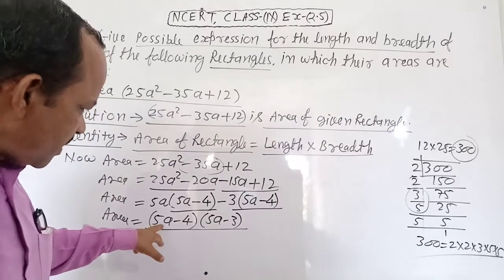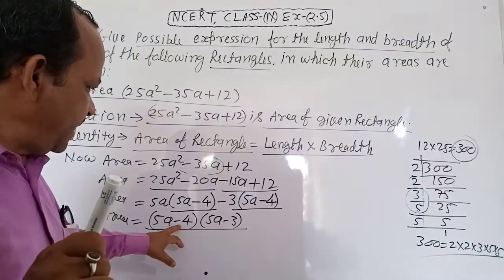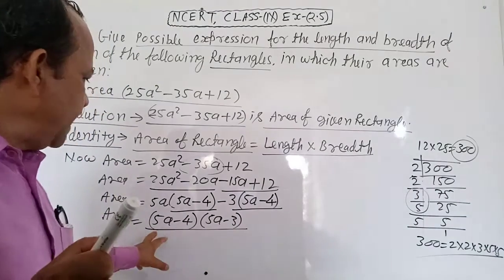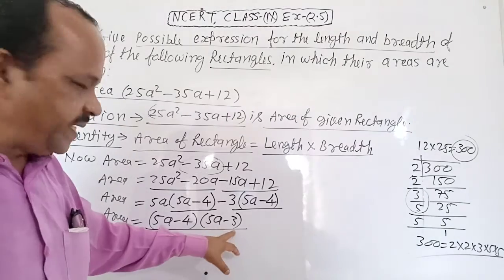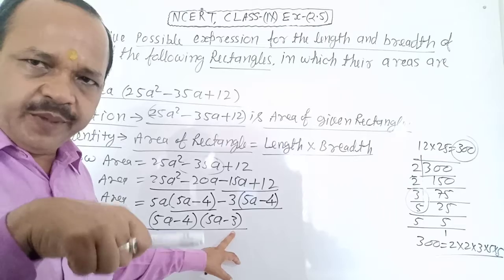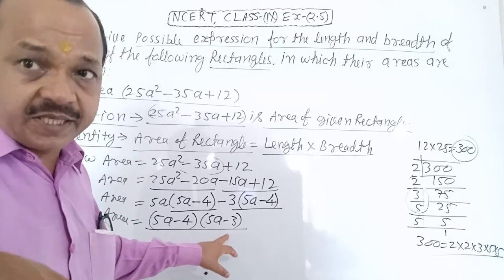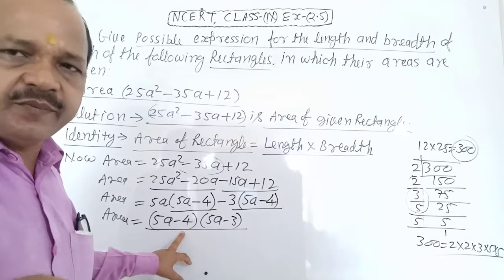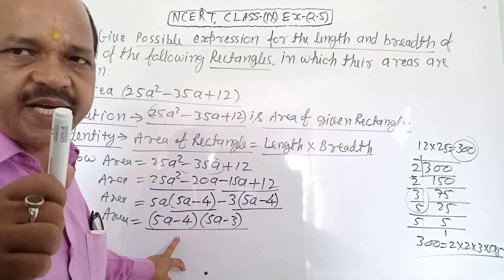Here 5a and here 5a are the same. Here minus 4, here minus 3. It means 5a minus 4 is smaller and 5a minus 3 is greater. It means 5a minus 3 is the length of the rectangle. 5a minus 4 is smaller, it means it is the breadth of the rectangle. Clear? No confusion about it?